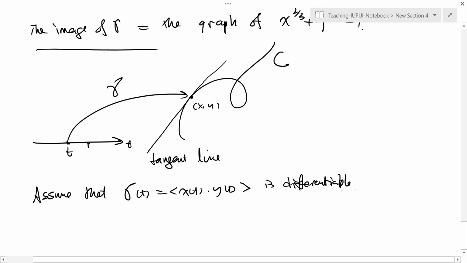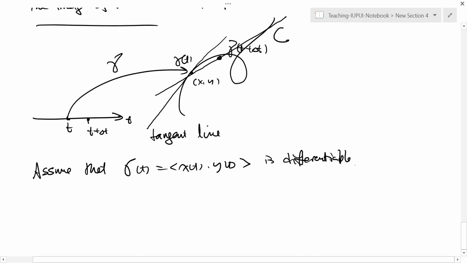So what I'm going to do is look at t plus delta t, somewhere here. Here's gamma t, and here's gamma t plus delta t. So the difference is this vector.